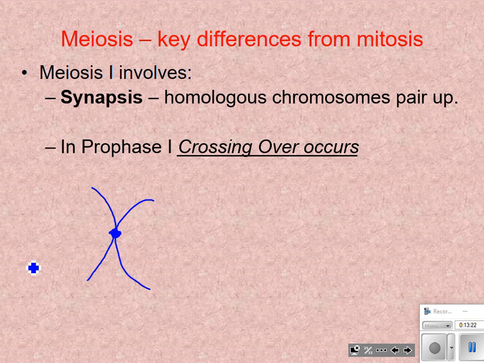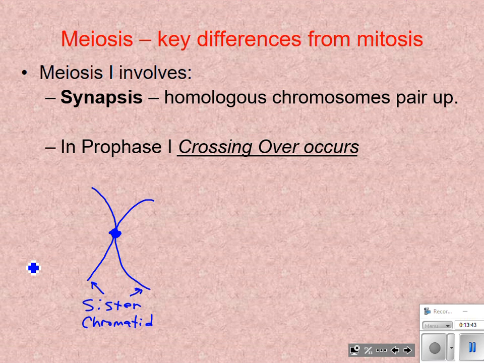So that right there is the sister chromatid, because what are the sisters? Here's one sister. Here's two sisters.